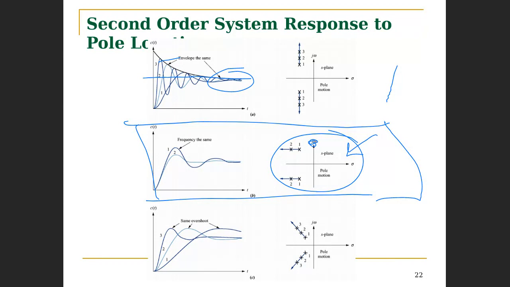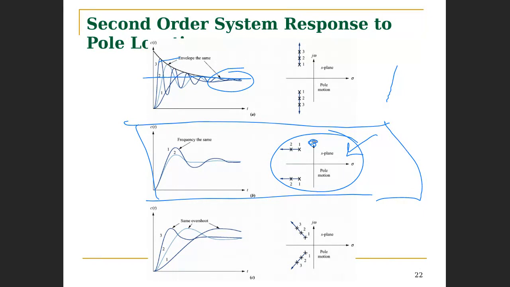Absolutely. And how do you determine that, by the way? Sir, because of where one is and where two is, from the diagram on the left, you can see that two settles before one. All right, good. That's a very good observation, and that's in fact correct. The settling time is reduced the further away the pole goes from the imaginary axis.